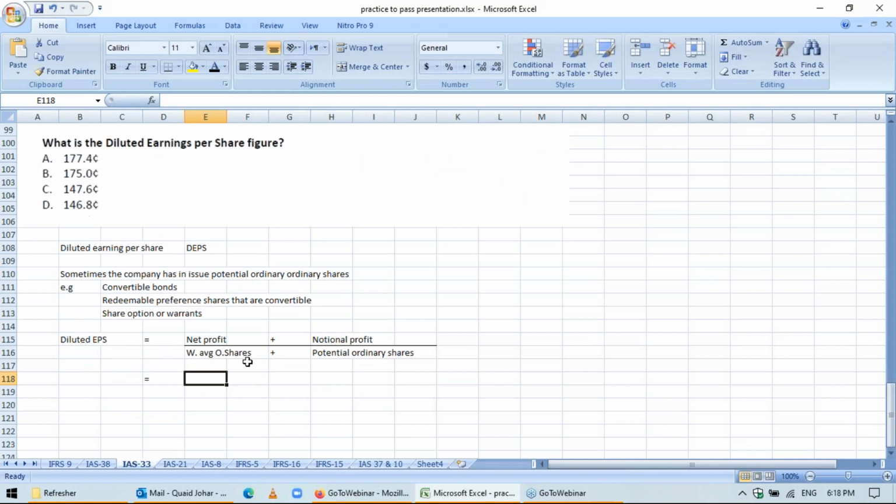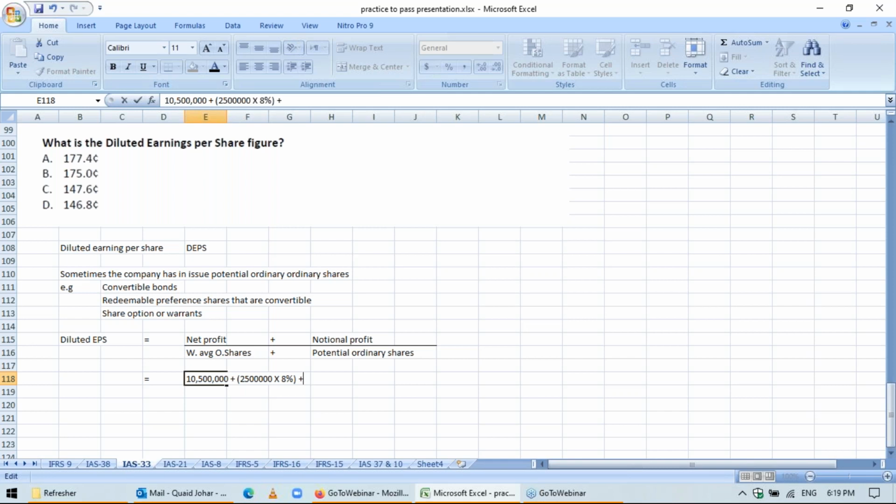Okay, so the profit is 10.5 million, and we will add 8% of 25 lakh, which is the interest expense charged this year, but it won't be incurred once we convert the bond into ordinary shares.